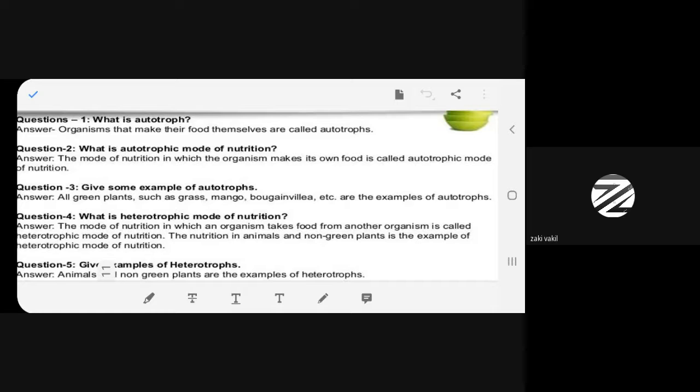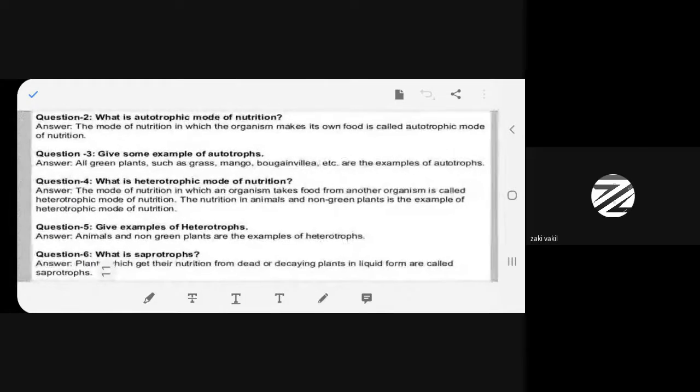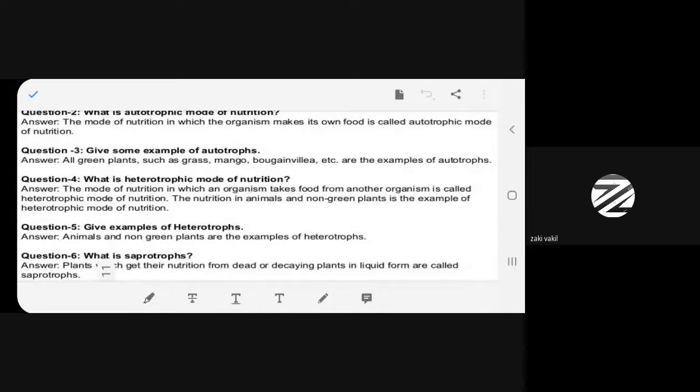Is it okay? Yes, ma'am. Question number 3. Give some examples of autotrophs. Answer: all green plants such as grass, mango, bougainvillea, etc. are examples of autotrophs.